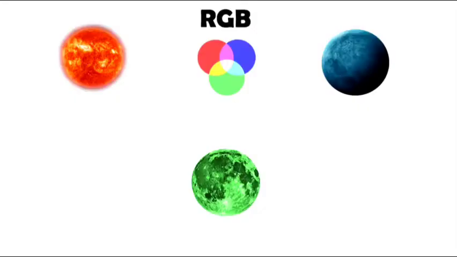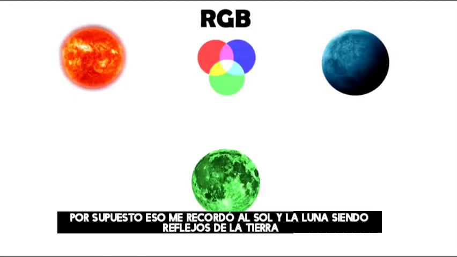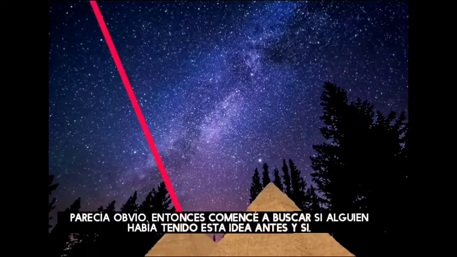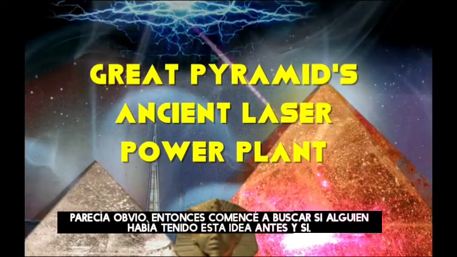This is absolutely mind-blowing. That, of course, reminded me of the moon and the sun being reflections of Earth. So at that point I thought, what could be the laser here on planet Earth? Seemed obvious. So I started looking if someone had this idea before.